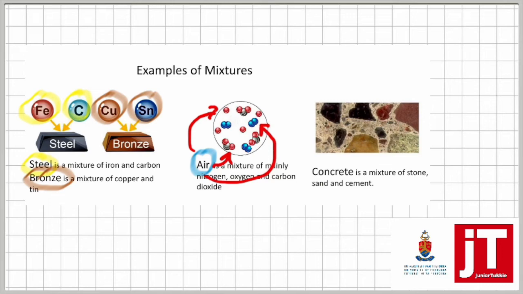As another example, we can look at concrete. Concrete is a mixture of stone, which are the quite big particles in the concrete, sand, which you can barely see with your eye, and then lastly there is cement, which fits in between the sand particles. So concrete, because it is made up of these three components, is a mixture.